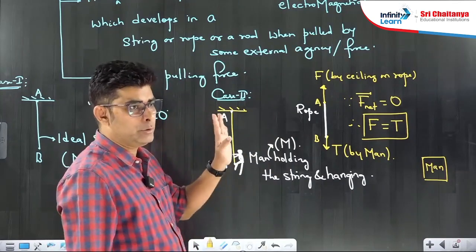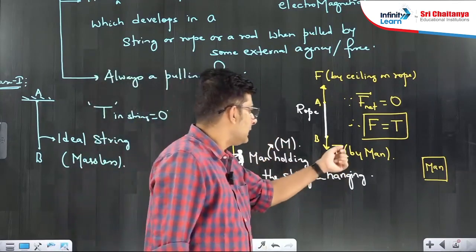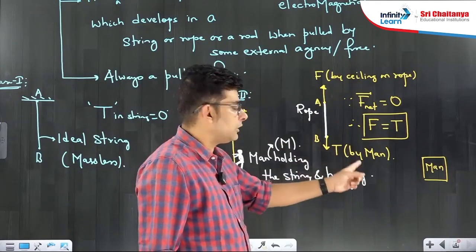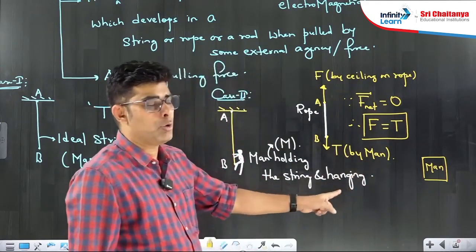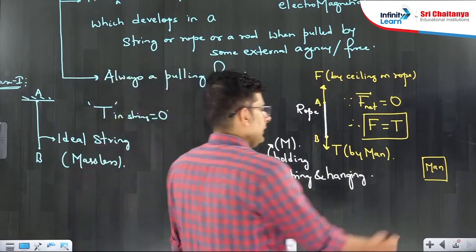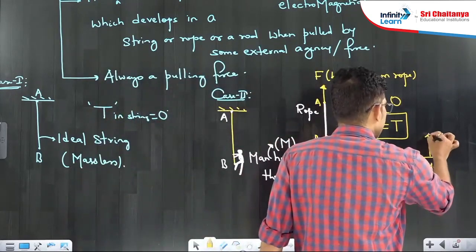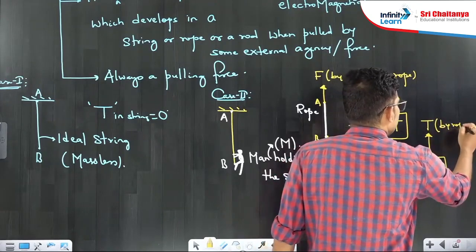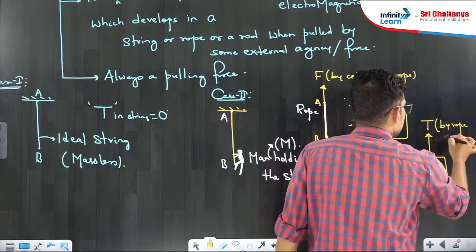Tell me fast. The man pulled the rope down by force T. Then what will be the force exerted by rope on the man and with direction? Yes, correct. It is the same force by Newton's third law. It is T. It will be exerted by rope on man.